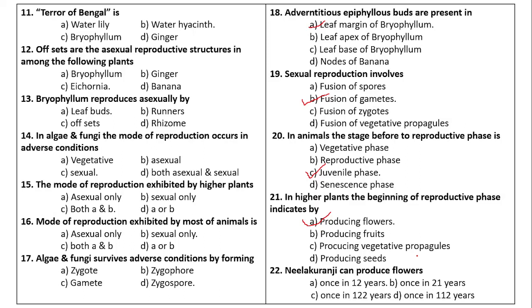Neelakuranji, which is also called Strobilanthes kunthiana, can produce the flower once in every 12 years.